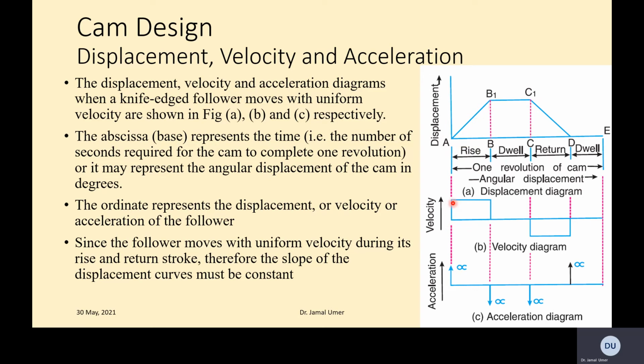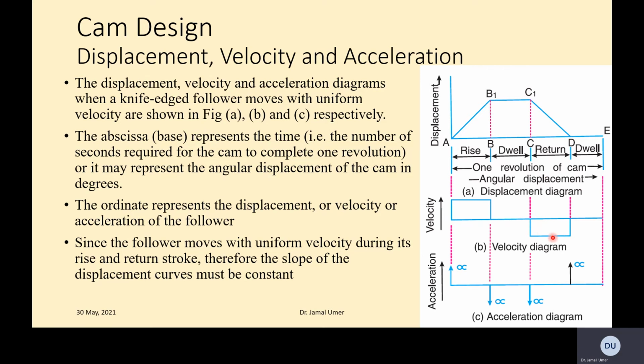That's why during that time your velocity will be a straight line. It's the maximum velocity we achieve, and that will remain constant during the rise. Then during the dwell, it will be zero velocity because the follower is not moving. And then on the return you have another constant velocity because it's coming back towards the cam.